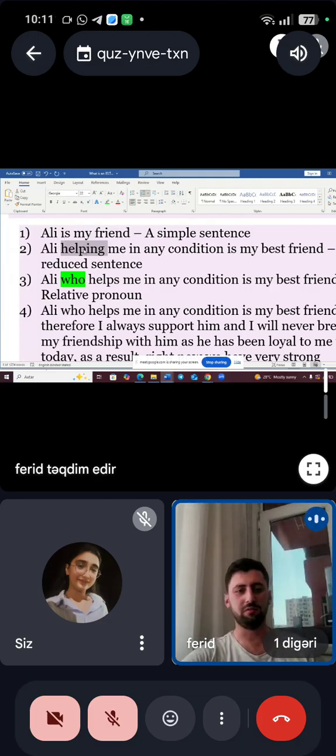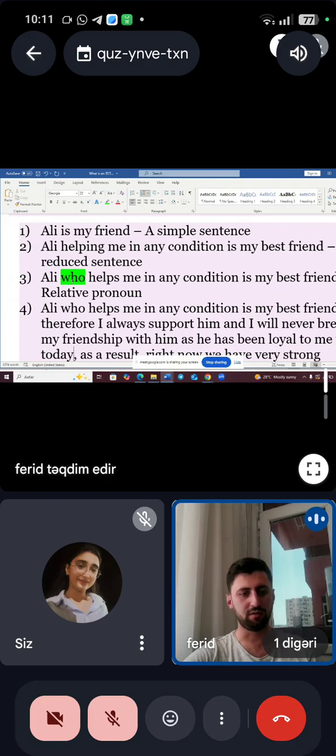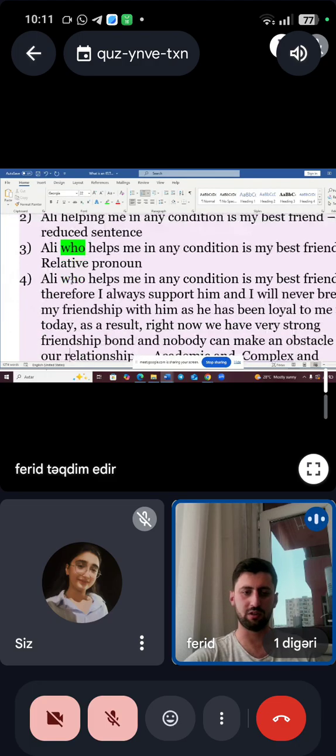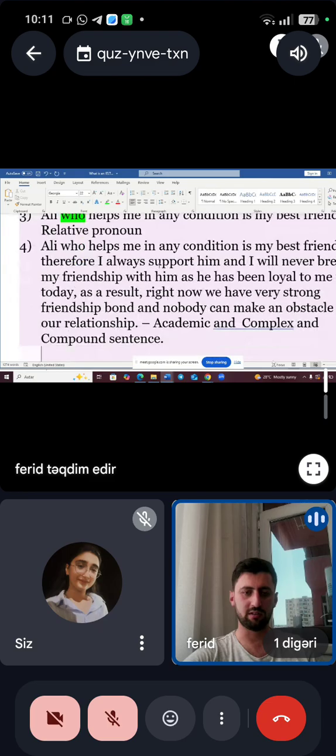Reduction or relative pronoun is not bad actually, but the first one is a professional, long sentence, and by writing it you can show an examiner that I know both subordinating conjunctions and coordinating conjunctions.